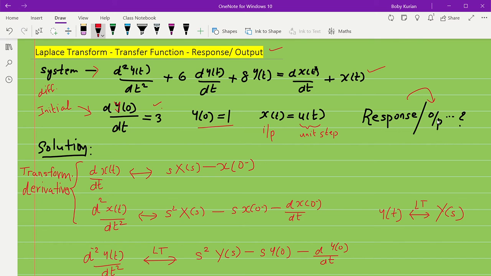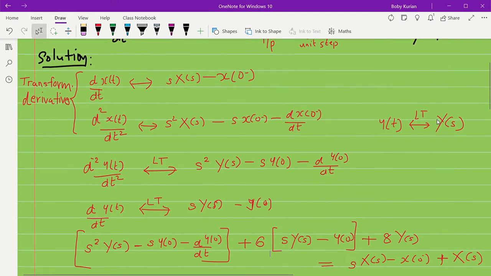Here we have to remember a few properties of the Laplace transform. That is the differentiation in time property. If the Laplace transform of x of t equal to X of s, then the Laplace transform of d by dt of x of t will be equal to s into X of s minus x of 0 minus.